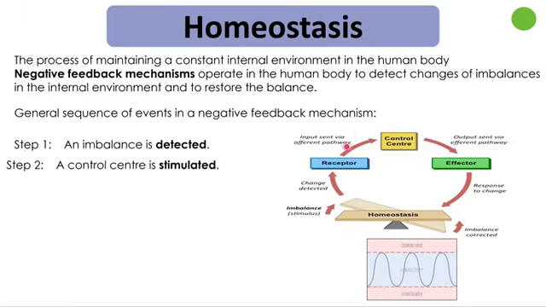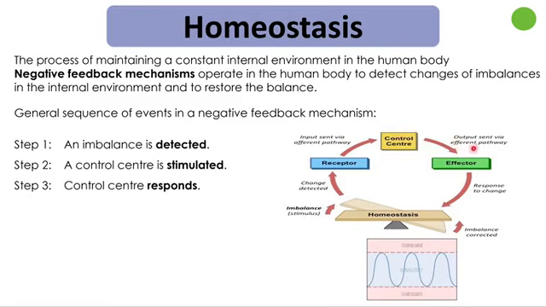So an imbalance is detected. The control center is then stimulated. So it observes that imbalance and then it will send a message to the effector. Okay, so remember the effector is either a gland or a muscle, but in this case, it will most probably be a gland, okay, because we are busy with the endocrine system.